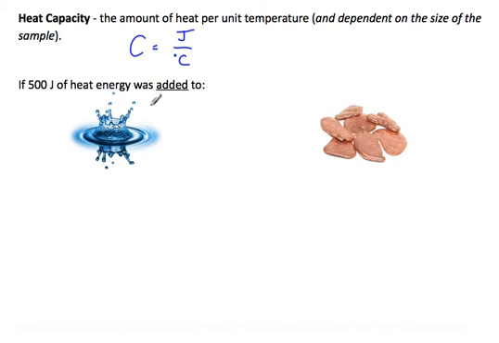If 500 joules of heat energy was added to, say, a small amount of water, you would see an increase in temperature. That increase in temperature could be pretty substantial depending on the size. Well, what if you added it to a much larger amount of water?